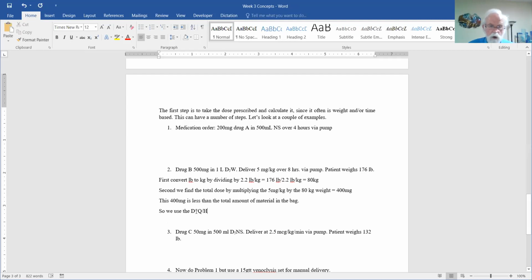So the dose prescribed times the vehicle, which in this case is going to be a volume, over the amount of drug that is in that volume. So that's going to be 400 milligrams times 1,000 milliliters, which is what 1 liter is, right? And we're dividing that by 500 milligrams.